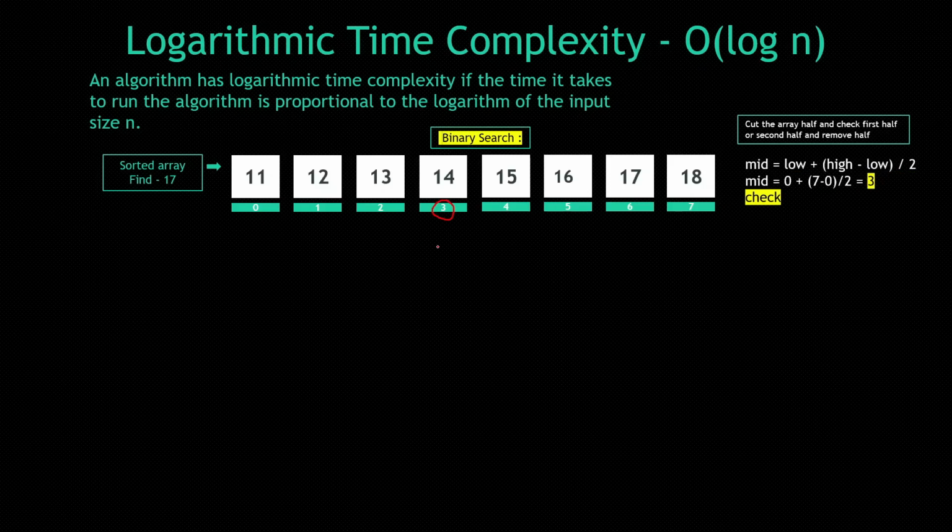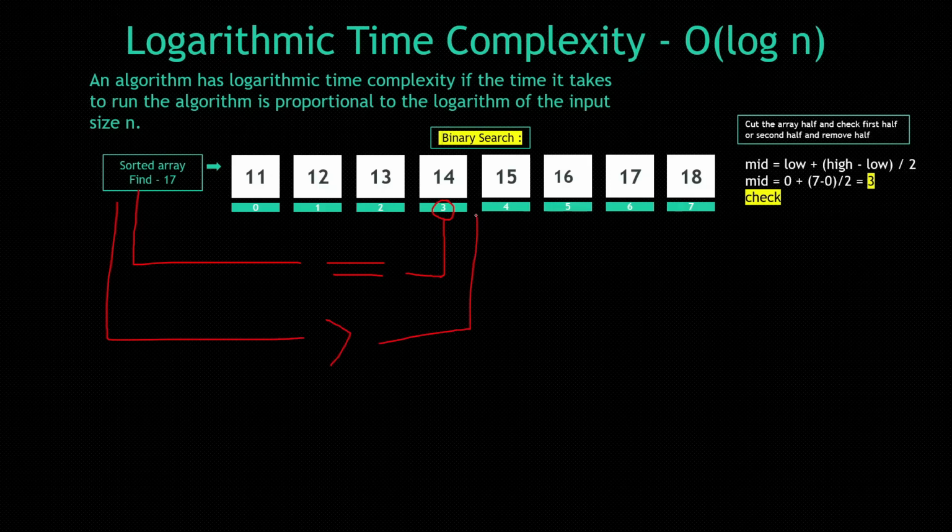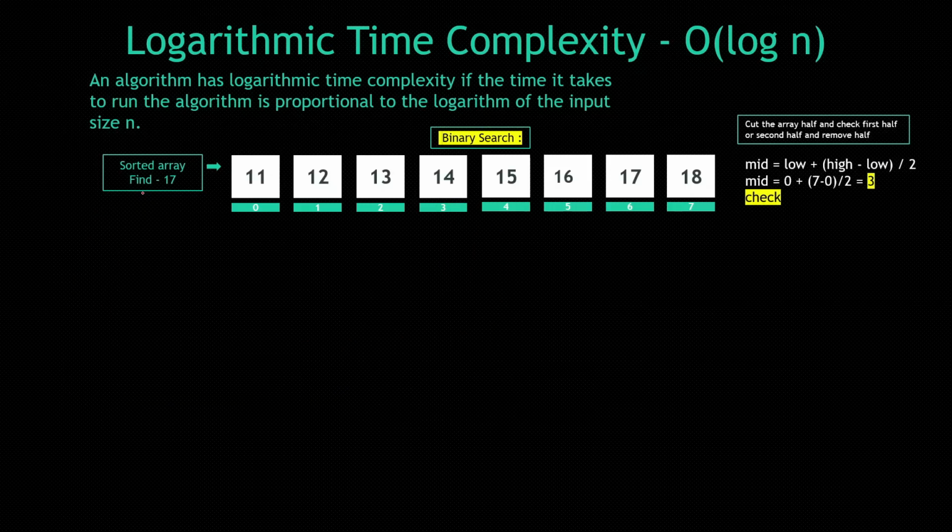Now we need to check three conditions. First, is the value of the middle index equal to our search item? Second, is our search item greater than the middle index value? Third, is our search item less than the middle index value? If our search item is equal to the middle index value, then we got our answer.